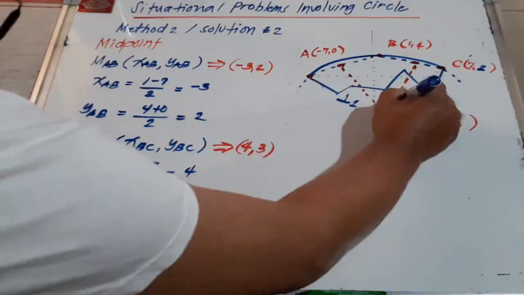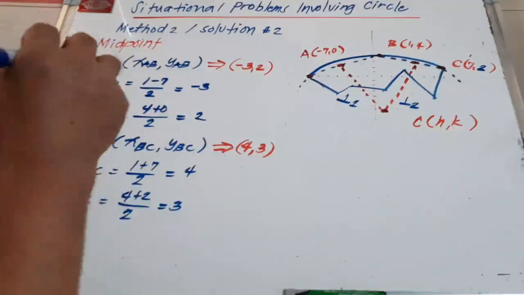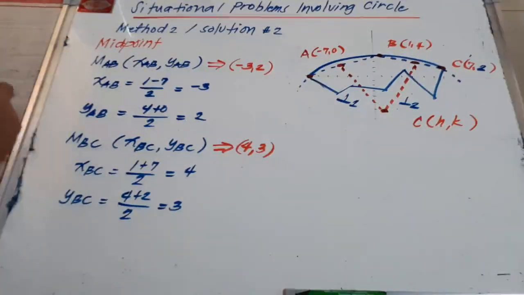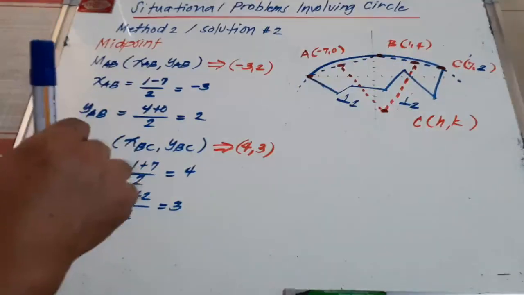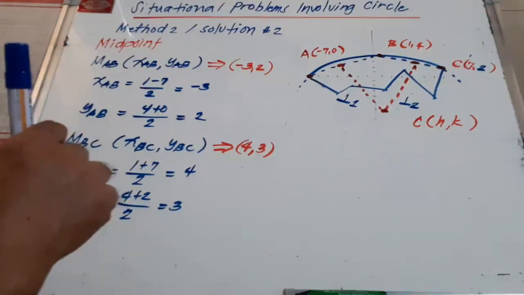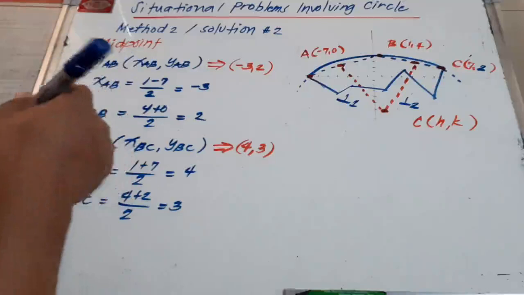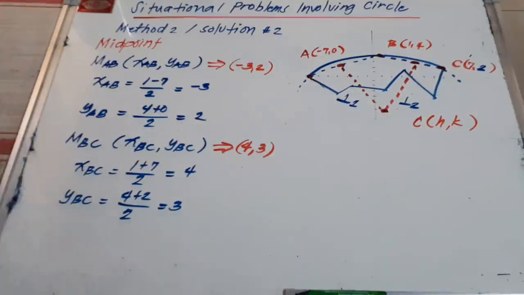Ito yung second bisector. Right after na makuha natin yung slope ng ating segment AB, all we have to do is to get its negative reciprocal para makuha natin yung slope of the perpendicular bisector.